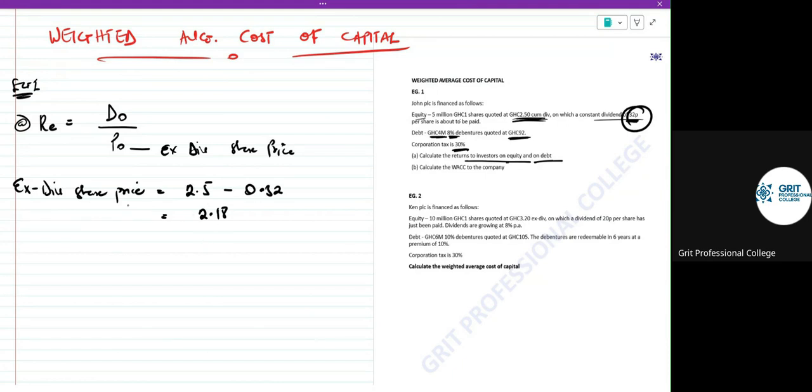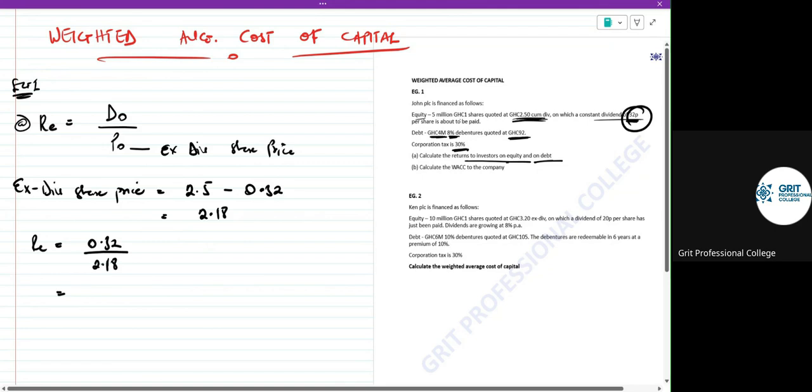So now that you have the ex-div share price, your shareholders' required rate of return will be the dividend per share, which is 0.32, because we want to work in cedi terms, and we divide that by what? 2.18, right? Which is the share price.